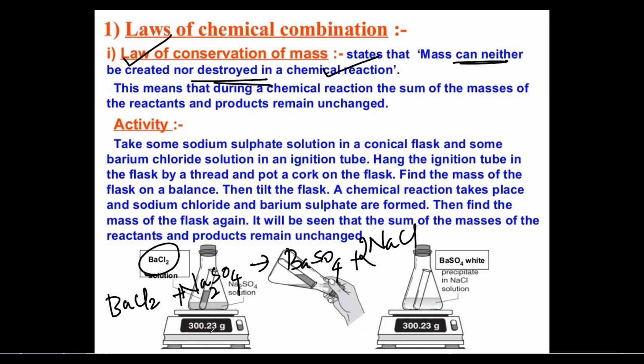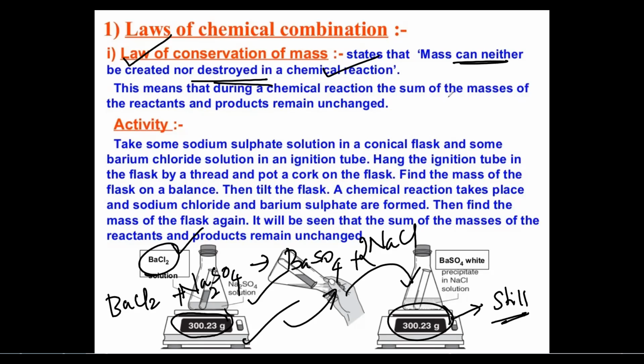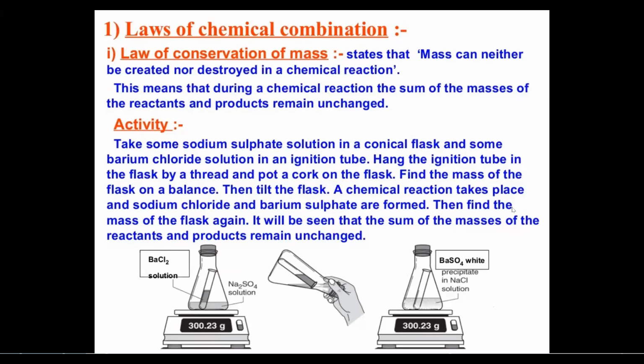The mass of barium chloride and sodium sulfate in the test tube was 300.23 grams. And after the reaction was complete, the mass still is the same. So this indicated that the mass remained the same whether the reaction took place or not.